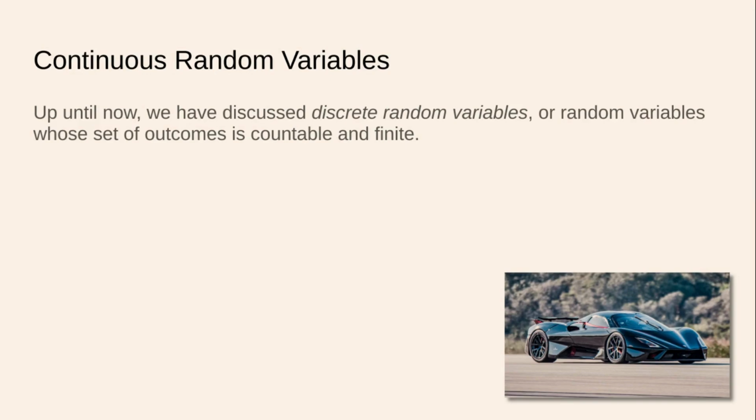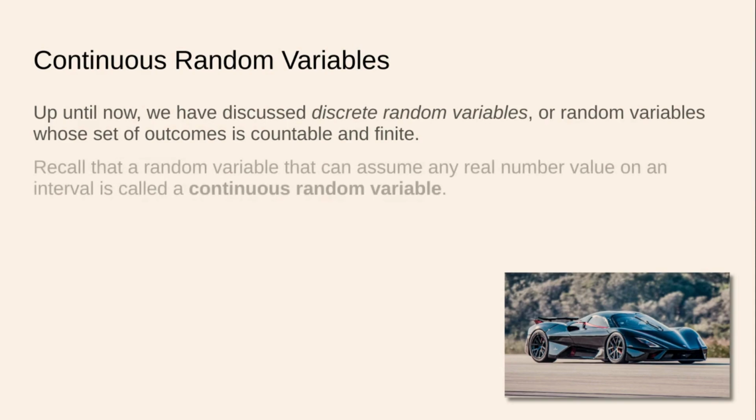So up until now, we have discussed discrete random variables. Those are random variables whose outcomes are countable and finite. So we recall that a random variable can assume any real number on an interval when it's a continuous random variable. So continuous random variables can assume any real number value on an interval.